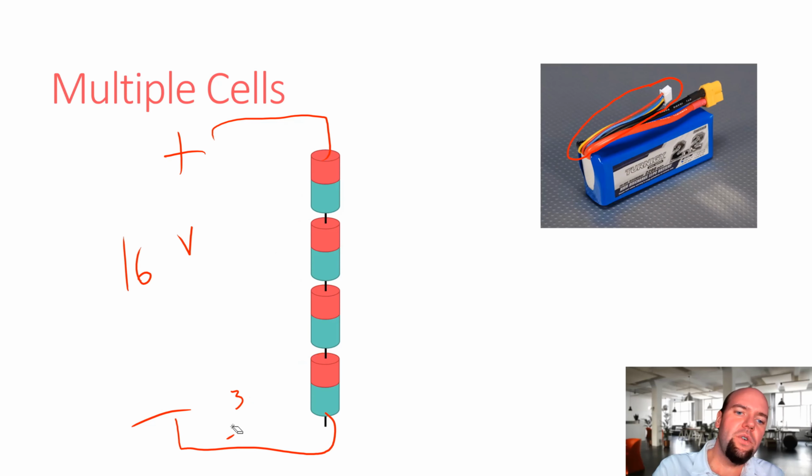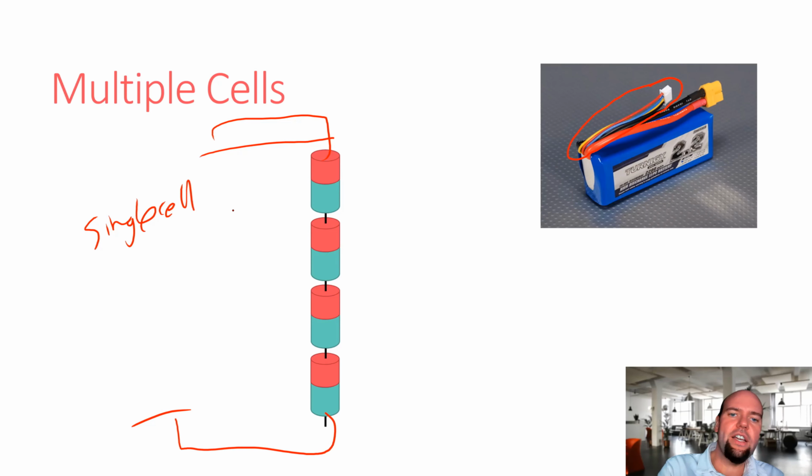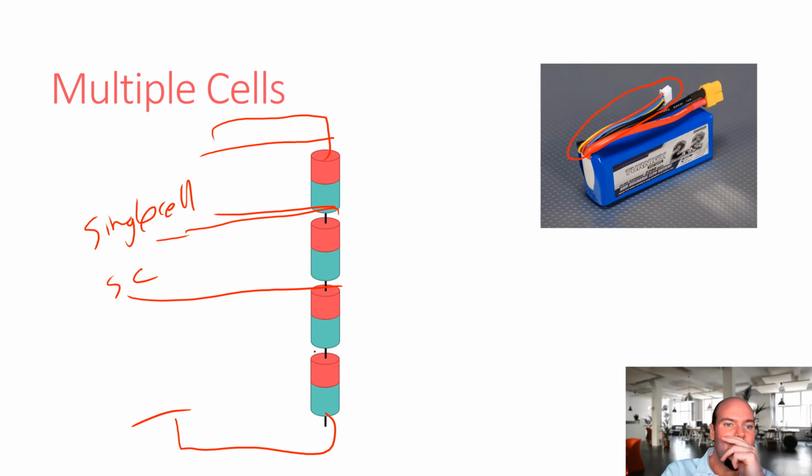One thing you can do is have a single cell charger, and you can have that connected to each battery, so each battery can have its own little single cell charger. Now you might notice the problem is that this terminal and this terminal, neither of them are ground.